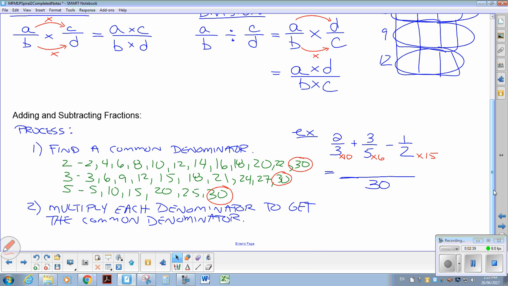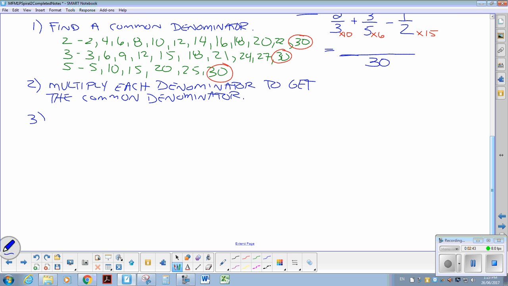All right. Step 3, I'm just going to move it so you can see this a little bit better. Multiply each numerator by the same factor.